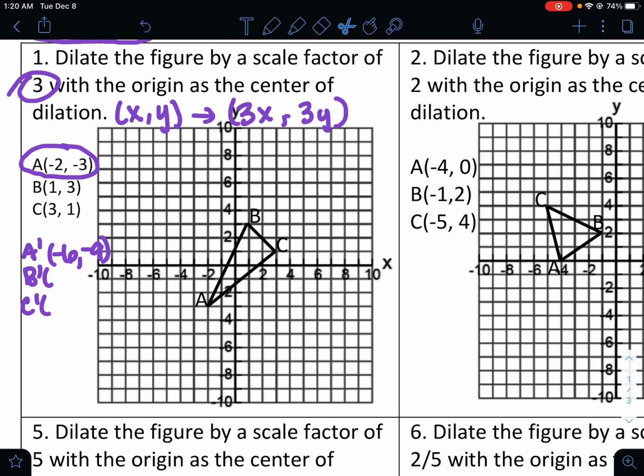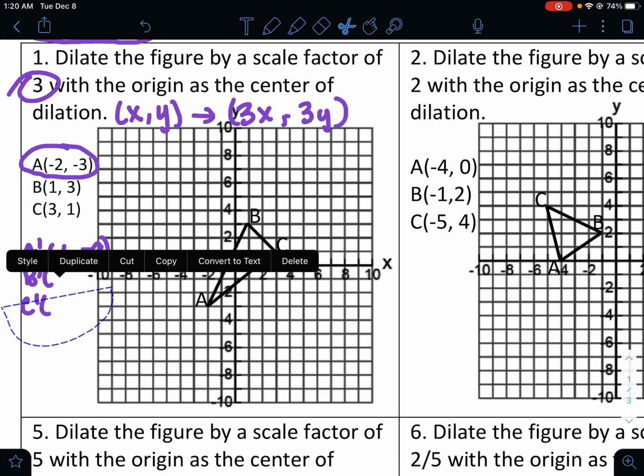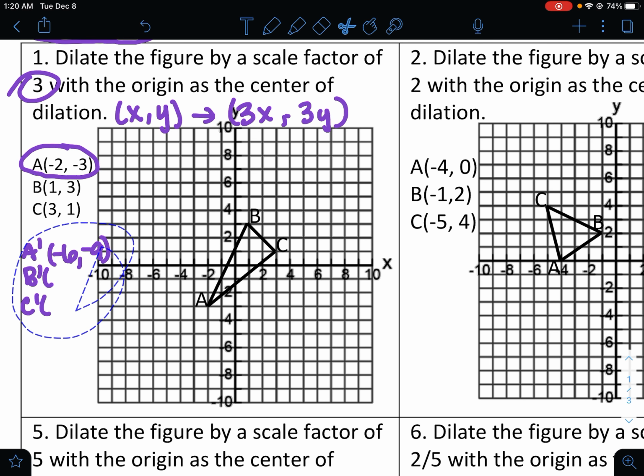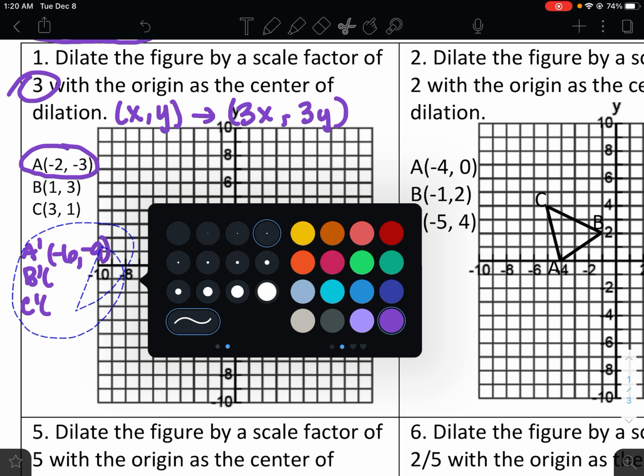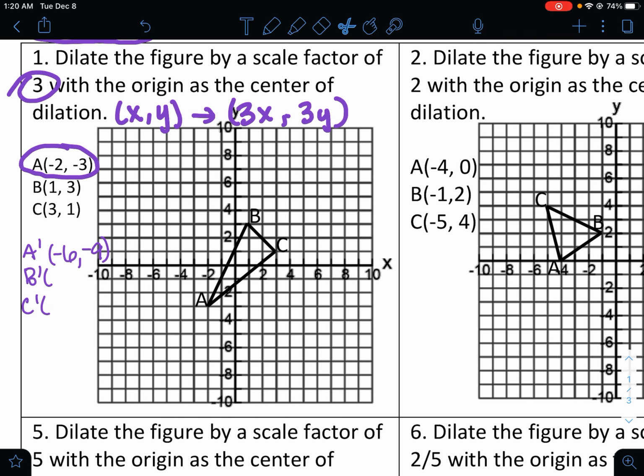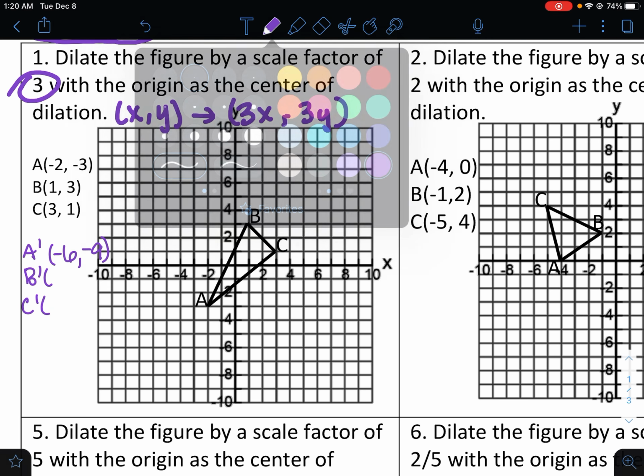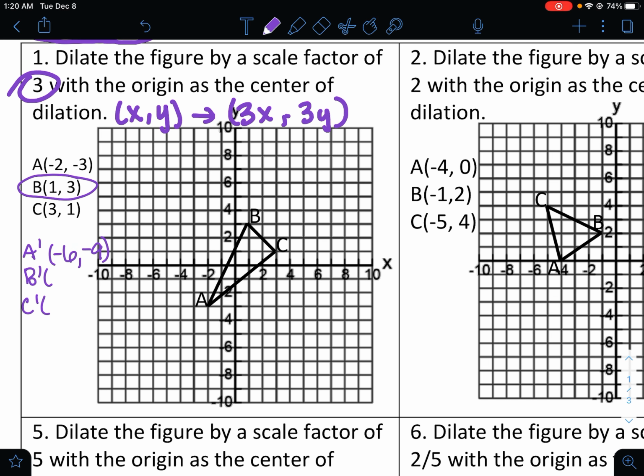Then for B, we have 1 and 3. So we're going to multiply both of those by 3. So 1 times 3 is 3. 3 times 3 is 9. And then for C, 3 times 3 is 9. 1 times 3 is 3. Okay, so y'all see what we're doing there.